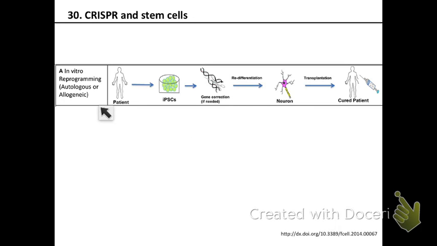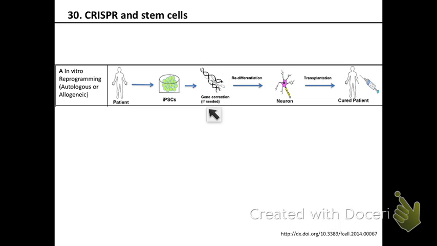If you have a patient that you want to be able to treat through gene therapy, you can isolate fibroblasts or whatever other cell types from this patient, and then you can make induced pluripotent stem cells in vitro by expression of these 4 transcription factors we learned about, right? You can express them and reverse the course of the differentiation and make a pluripotent cell. So that's the induced pluripotent cell.